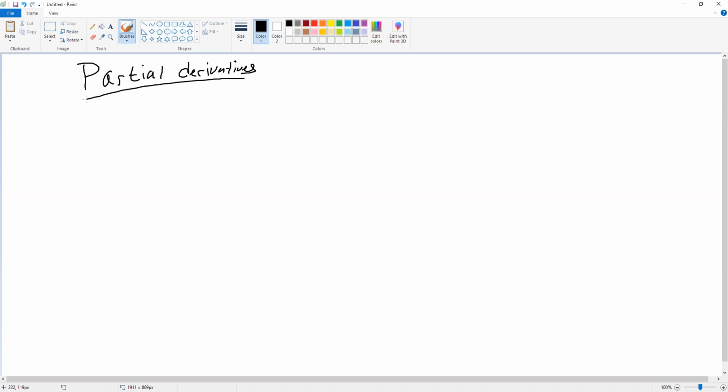Because once you learn derivatives, the next thing you learned was implicit differentiation. Remember that? So then we're going to do the implicit differentiation, and then we're gonna go in deeper and deeper into our partial derivatives.